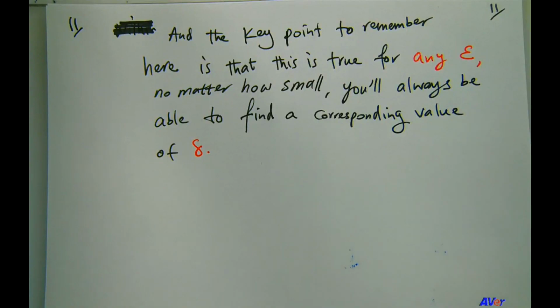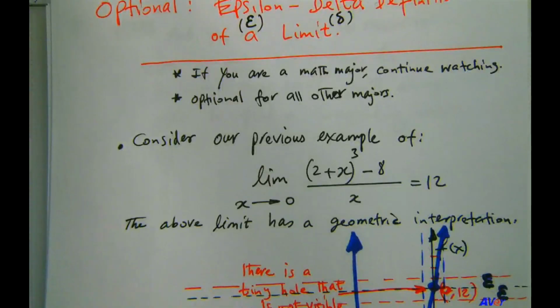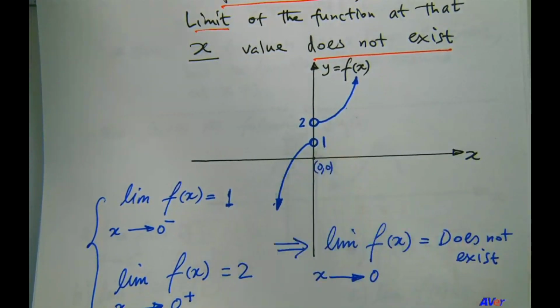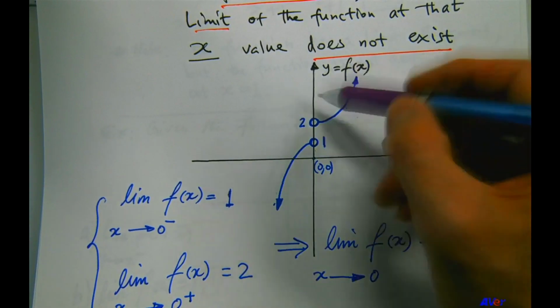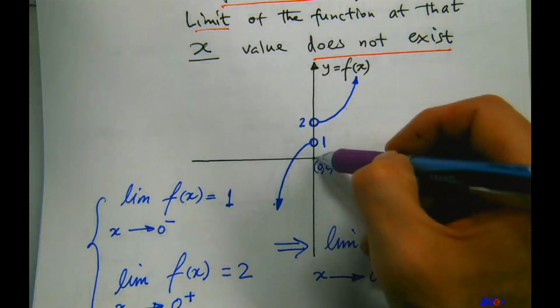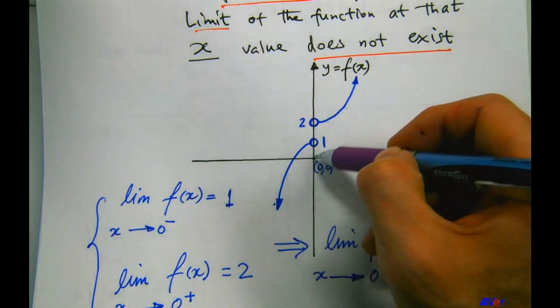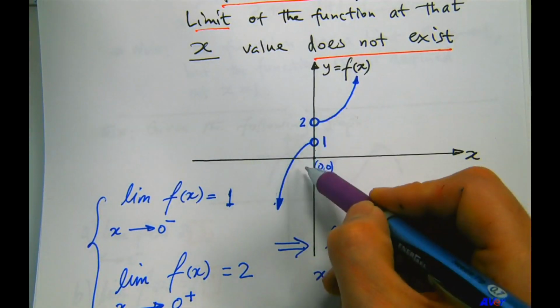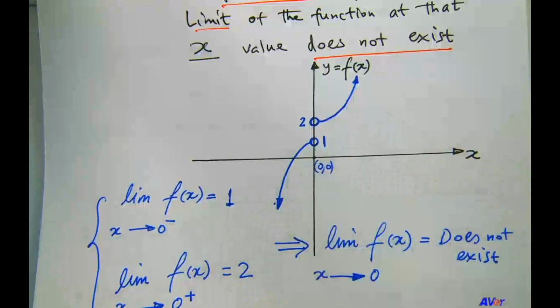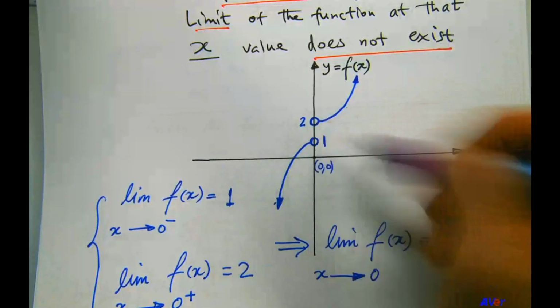Let me put this one back again. Just alternate between these two graphs. See, you can pick a large epsilon, right? We want to know if this function has a limit as x approaches 0, right? Suppose you want to find that out given this graph.